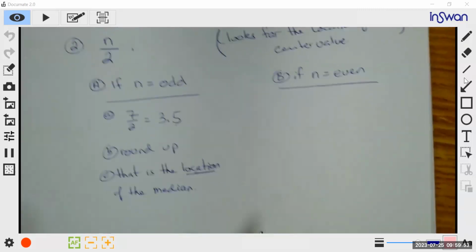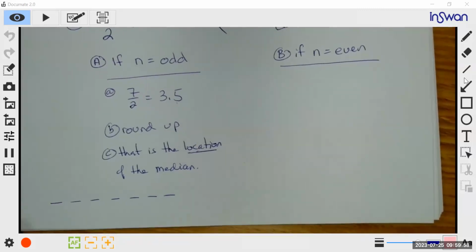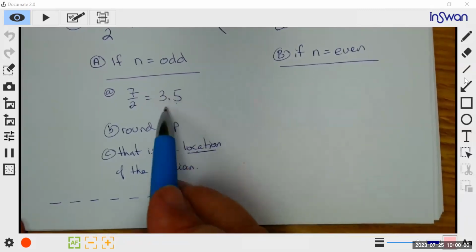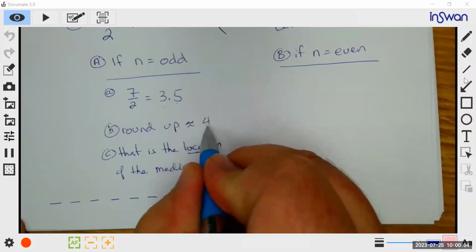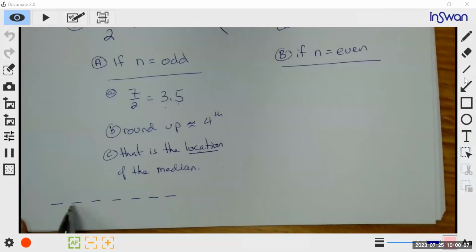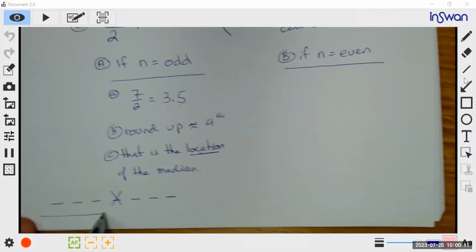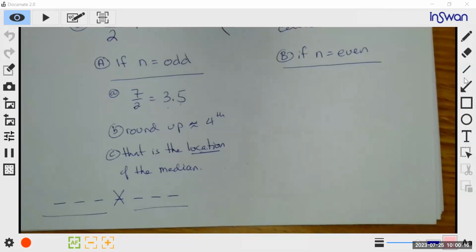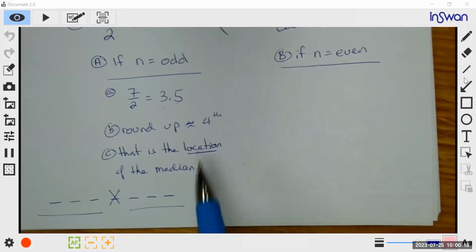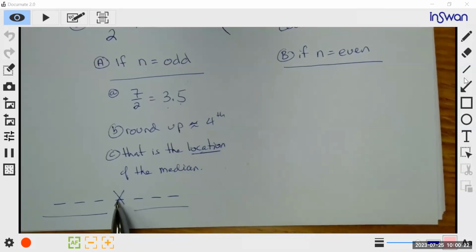Remember, if we had 7 pieces of data, 1, 2, 3, 4, 5, 6, 7, and we divided by 2, we get 3.5. So we rounded up, that becomes 4. It's the 4th location. 1, 2, 3. This is my middle number. There are 3 numbers here. There are 3 numbers there. It is by definition the middle number. So if you have an odd number of data points, you're always going to have a 0.5 rounded up, and that's going to give you equal number of numbers to both sides.